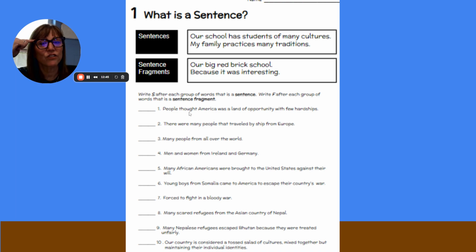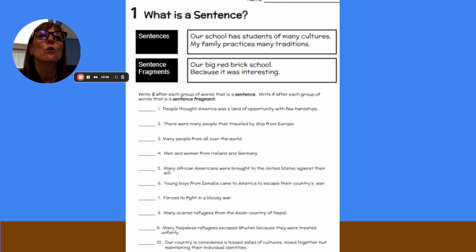It's an action. A verb is something your brain, your body, or your mouth can do. And if you thought something, it's an action your brain does. So we're going to write an S on the line. It is a sentence. And then we're going to go on and do numbers 2 through 10.